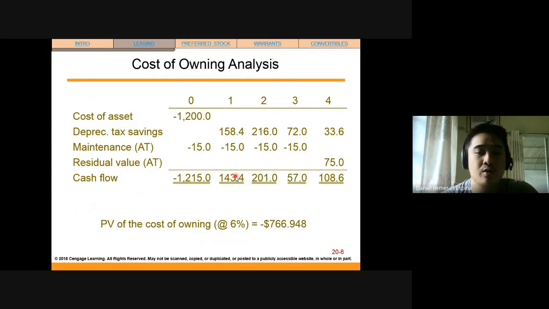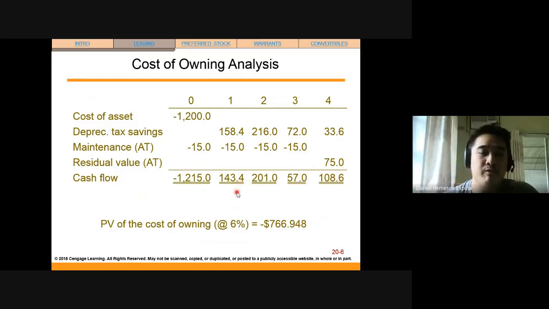On year one, there is a net cash inflow. That's 143.4, 201, 57, and 108.6. Since we want the present value, for year zero there's no need to compute, because that's already the price today, which is also the present value.